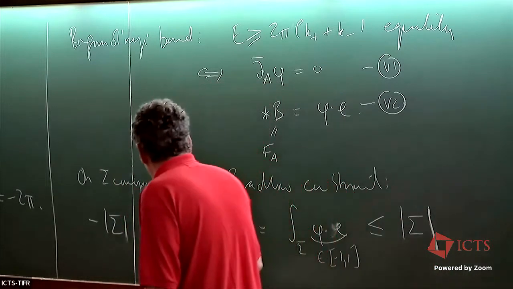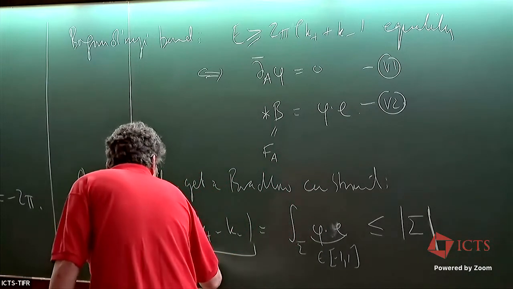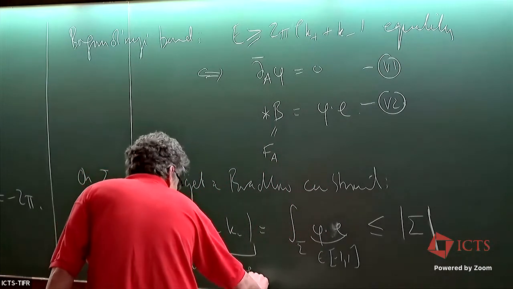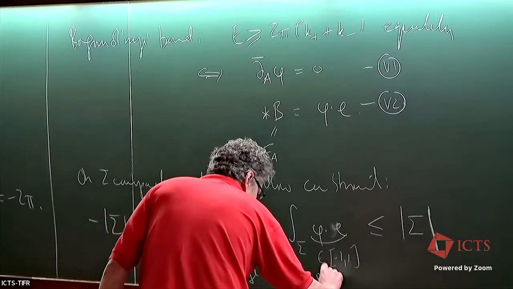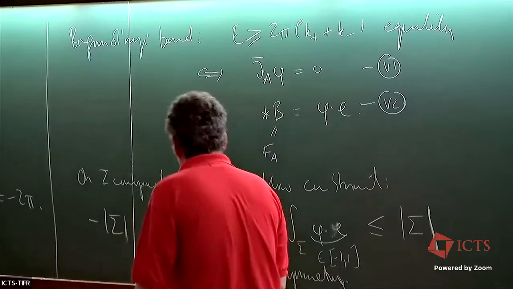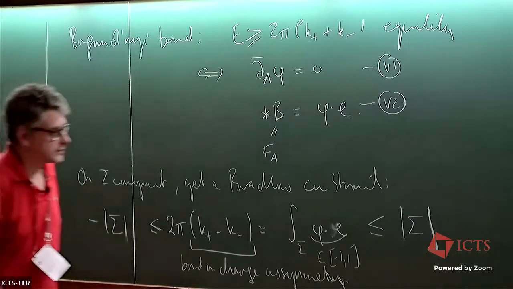But note that it's a bound on the asymmetry. It's a bound on charge asymmetry. Okay, it's not a bound on the charges k plus and k minus individually. It's possible that there exist solutions with k plus and k minus arbitrarily large. They're not allowed to be very different from one another. That's the constraint.